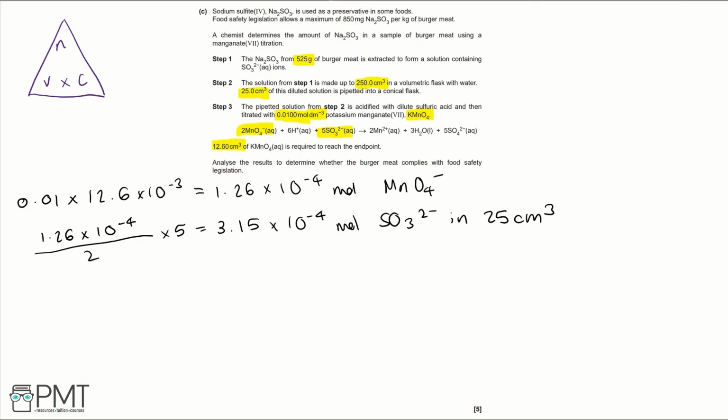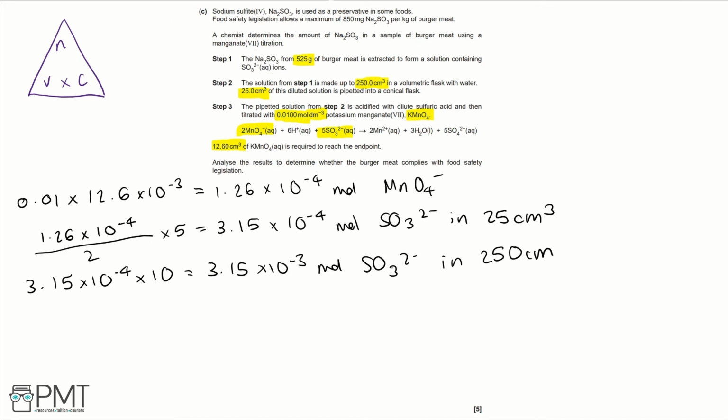This is very important because we need to use the scale factor of 10 to get to 250 centimeters cubed. So we do 3.15 times 10 to the negative 4 multiplied by 10, and we get 3.15 times 10 to the negative 3 moles of SO3 2- in 250 centimeters cubed.